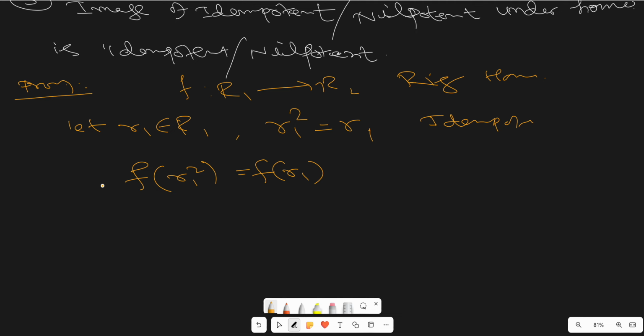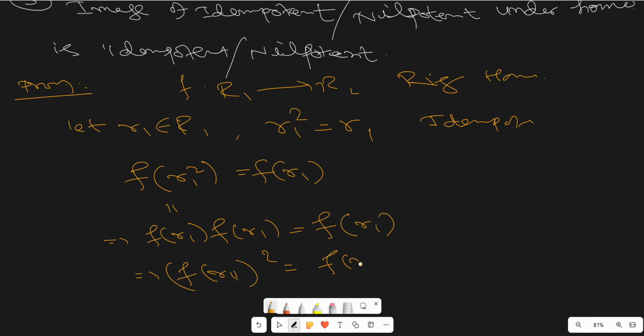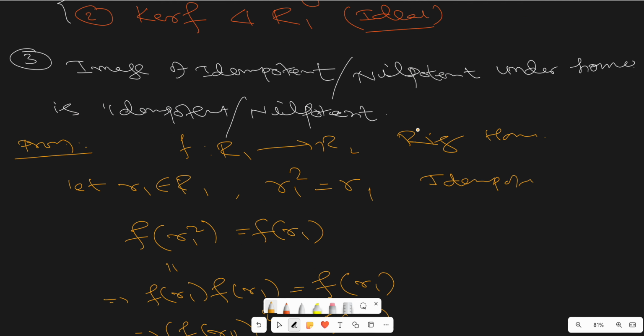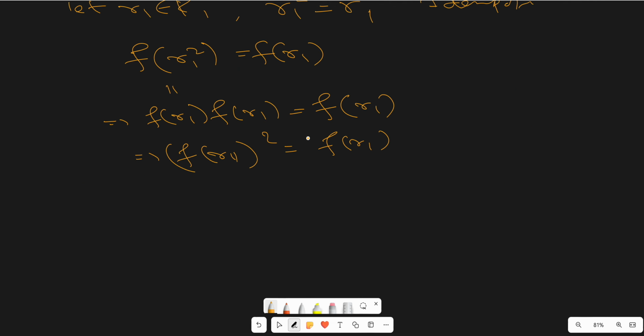So from here, this means that f of r1 squared is equal to f of r1, which means f of r1 is an idempotent in the range space, or the codomain space.